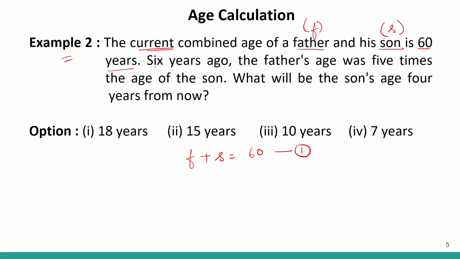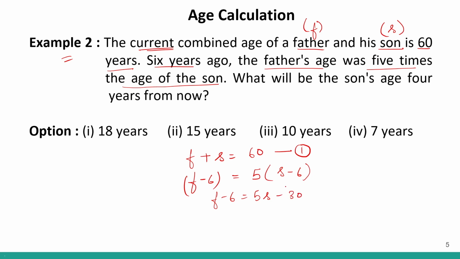Now, 6 years ago, the father's age was 5 times the age of the son. So, we have to write this in the form of an equation. 6 years ago, that means F minus 6. Correct? The father's age was 5 times the age of the son, so S minus 6. Correct? If I simplify this, I can say F minus 6 is 5S minus 30.